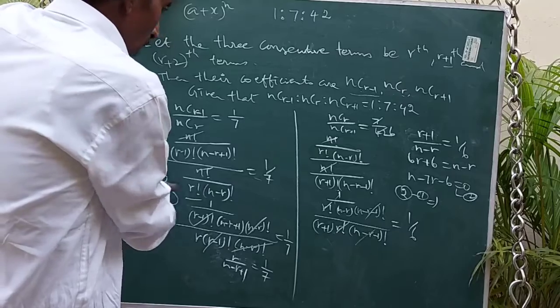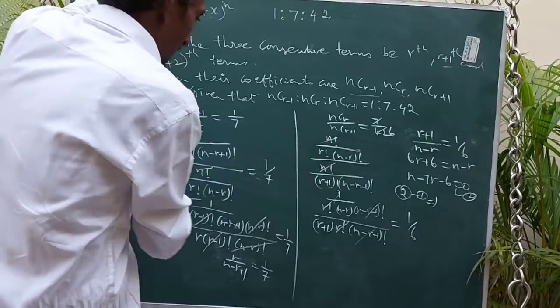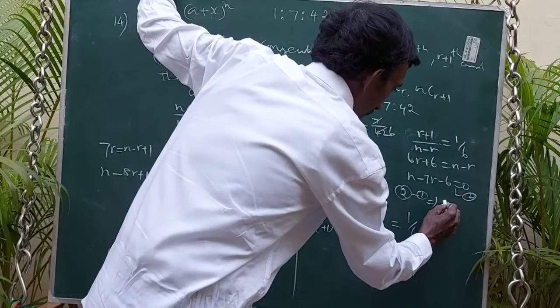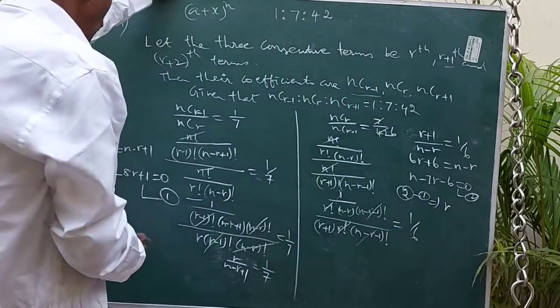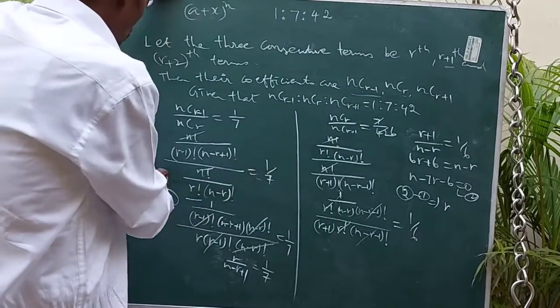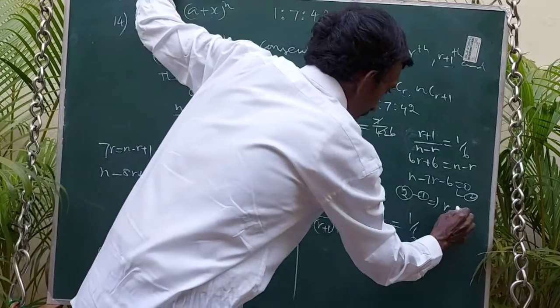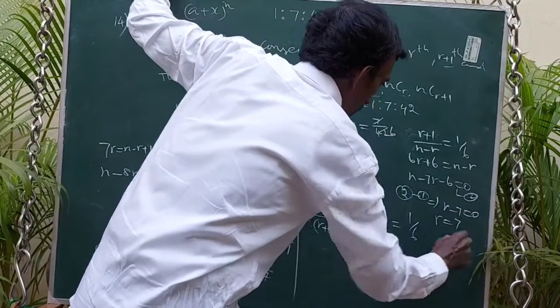N cancels, minus 7r plus 8r, it is r, and minus 6 minus 1. So r minus 7 equal to 0, r equal to 7.